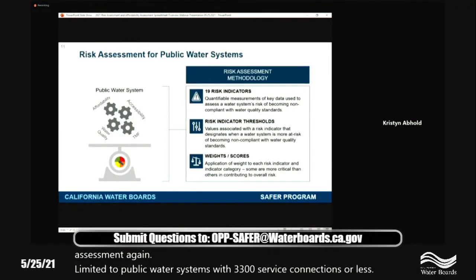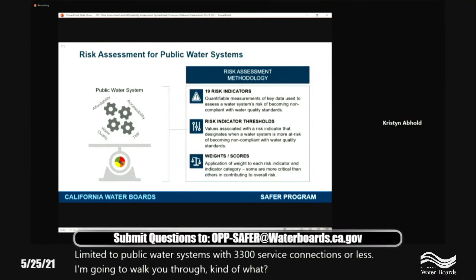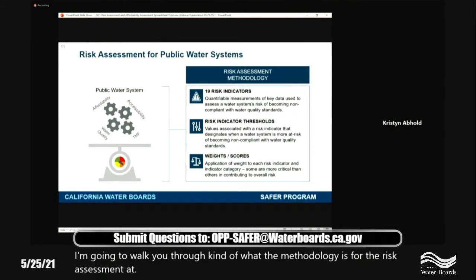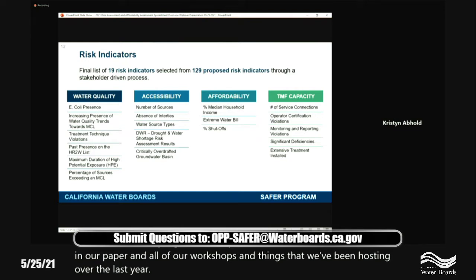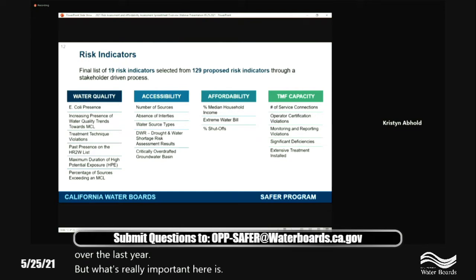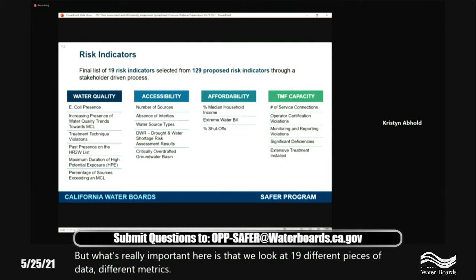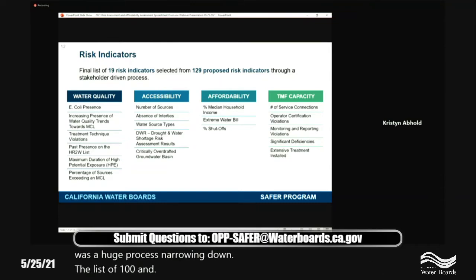I'm going to walk you through what the methodology is for the risk assessment at a very high level, and you can learn a whole lot more about it in our paper and all of our workshops that we've been hosting over the last year. What's really important here is that we look at 19 different pieces of data, different metrics, to try to assess risk at public water systems. It was a huge process narrowing down the list of 129 potential indicators down to the 19 that we used here.